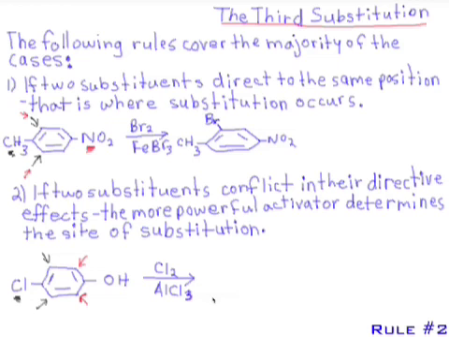Cl is a mild deactivator. OH is a very strong activator. OH, according to Rule 2, wins. Which means substitution will occur ortho to the OH. And there you have it.